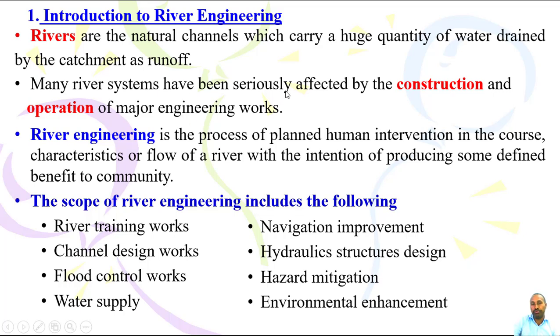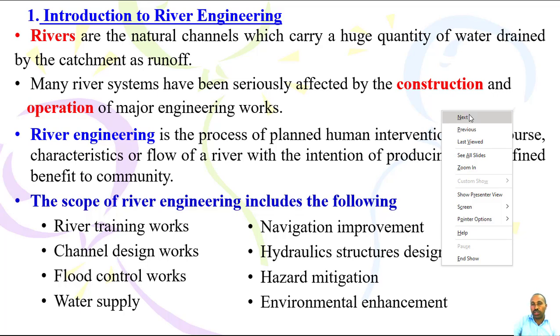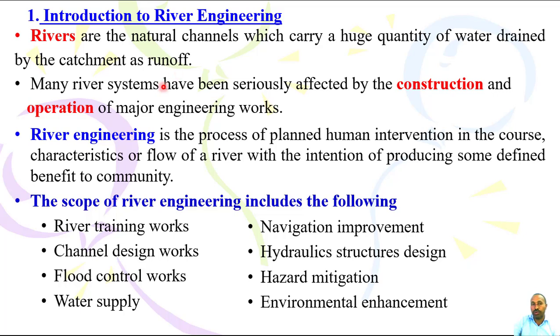Many river systems have been seriously affected by the construction and operation of major engineering structures such as water supply projects, irrigation projects, or hydropower projects. So this river may be affected, whether it is for agricultural purposes or for water supply. During construction, the overall river system will be affected.